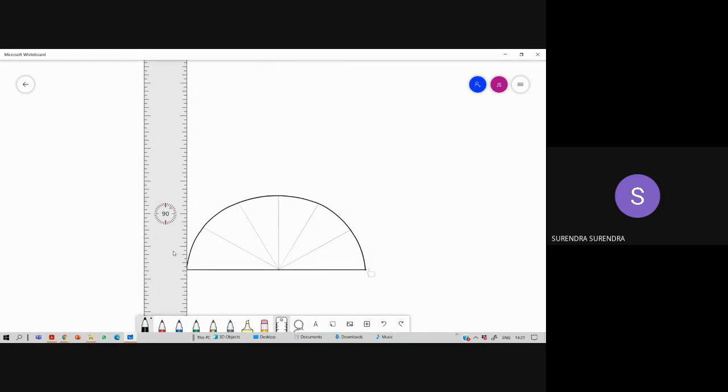The first preference is only for the larger dimension, the length of the circumference. Draw a straight line equal to the length of the circumference.